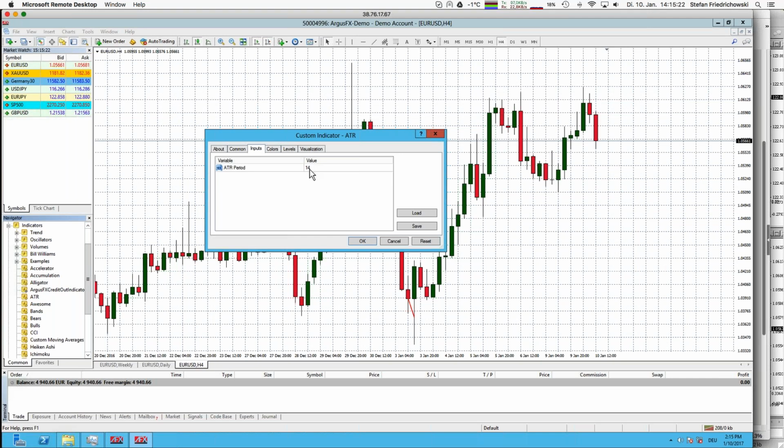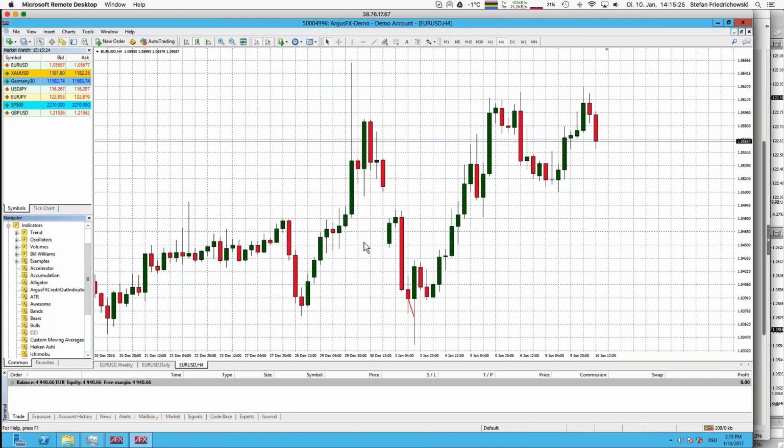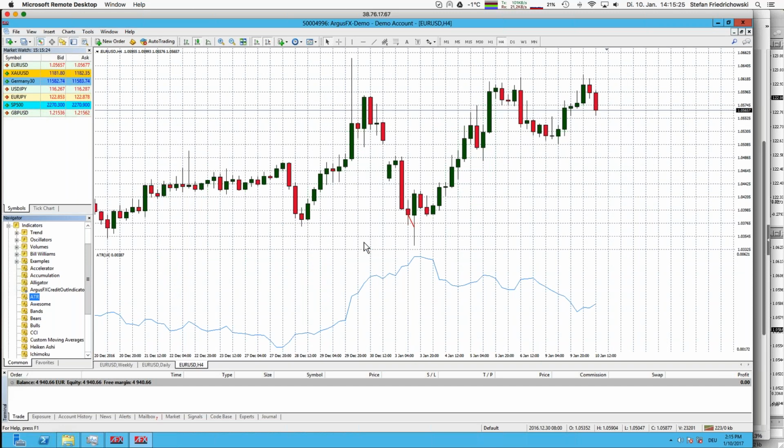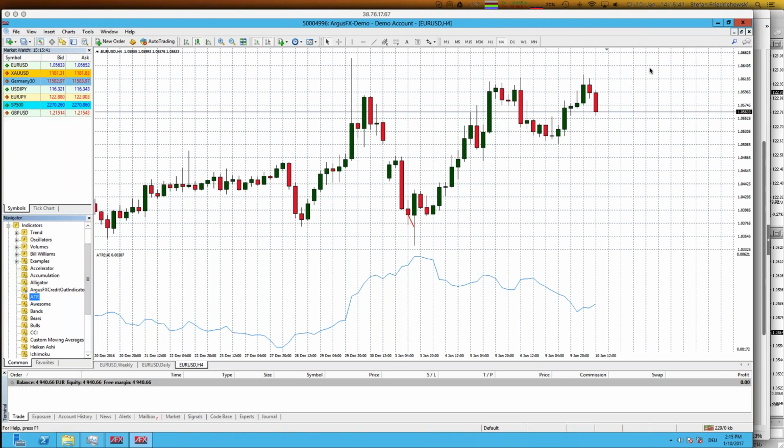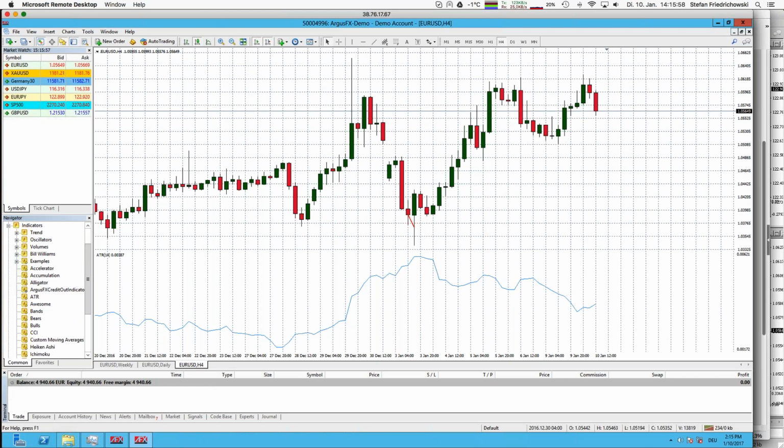Let's first start with the value 14 here, and now you see there's a second chart within the overall chart, and that chart shows the volatility of the market. Because that second chart has its own axis here on the right, I always prefer to have 0 as a baseline for that ATR chart.